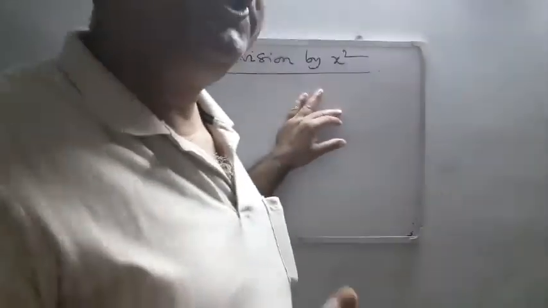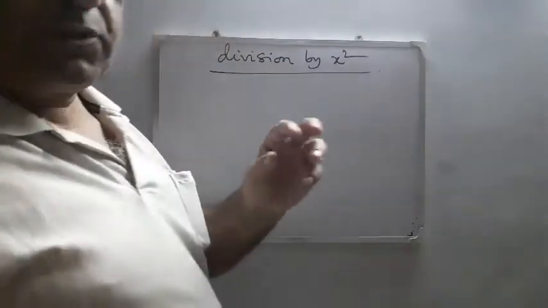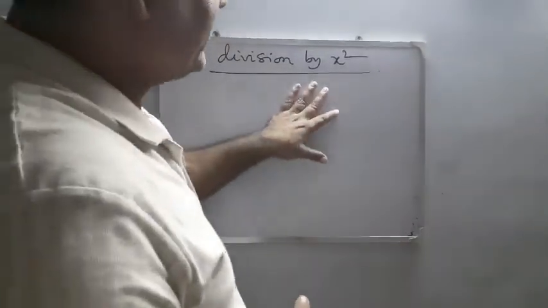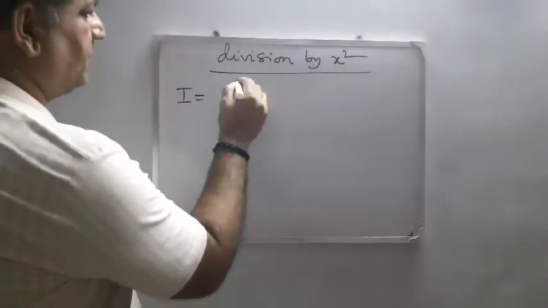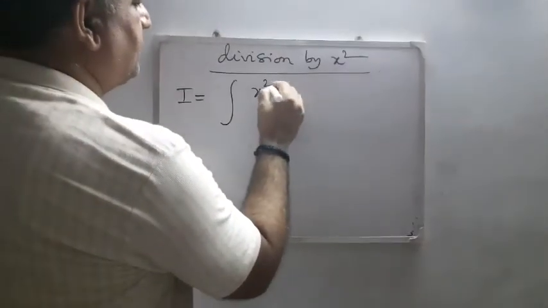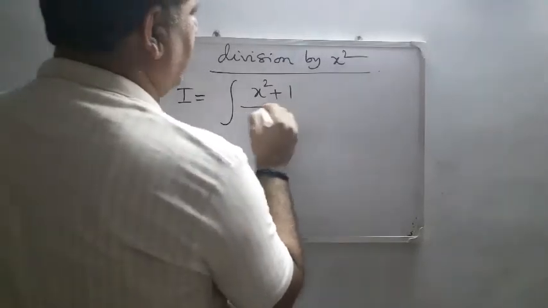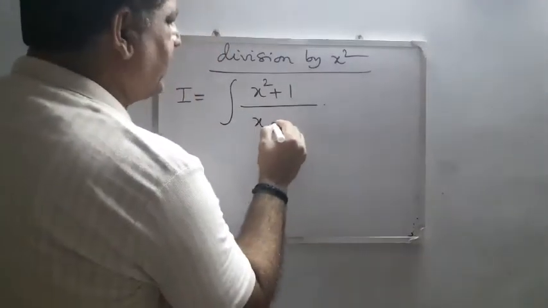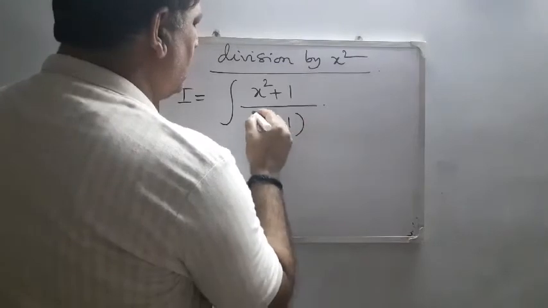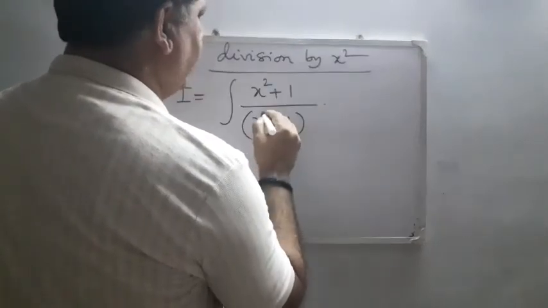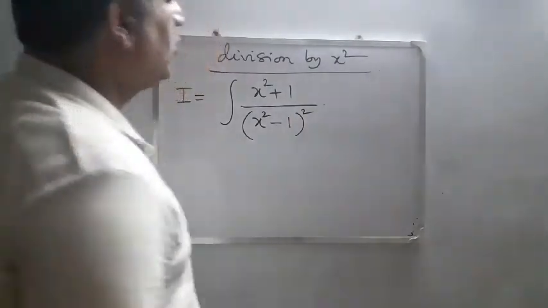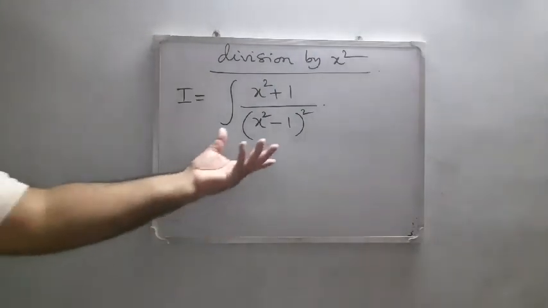We will discuss them in due course, but here to solve a few problems based on this technique, I is equal to integral of x square plus 1 divided by x square minus 1 whole square, dx. Suppose this is the problem.